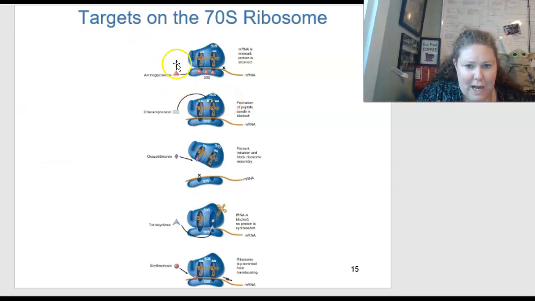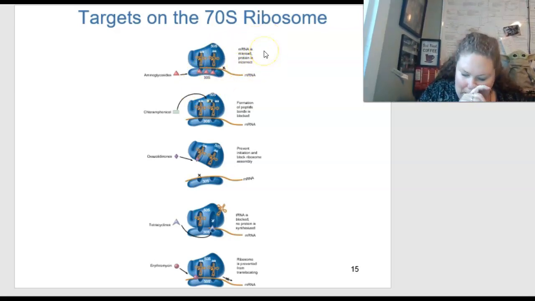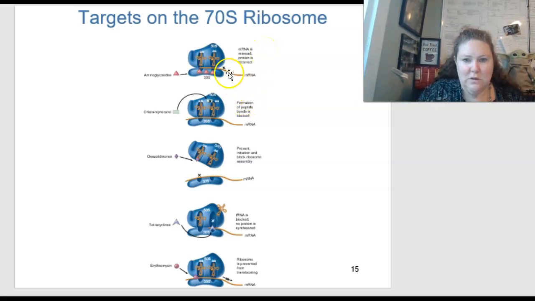So up here, the little triangle, this would be the aminoglycosides. This big subunit is the 50S, and the little guy is the 30S subunit. What happens is the mRNA is misread, and then the protein is made incorrectly. So this little mRNA strand is made wrong, okay?